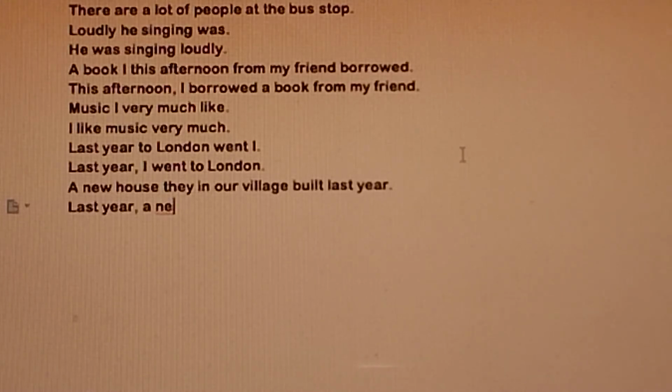A new house. Did what? Was built. Where? Oh, I forgot they, so we can put they here.